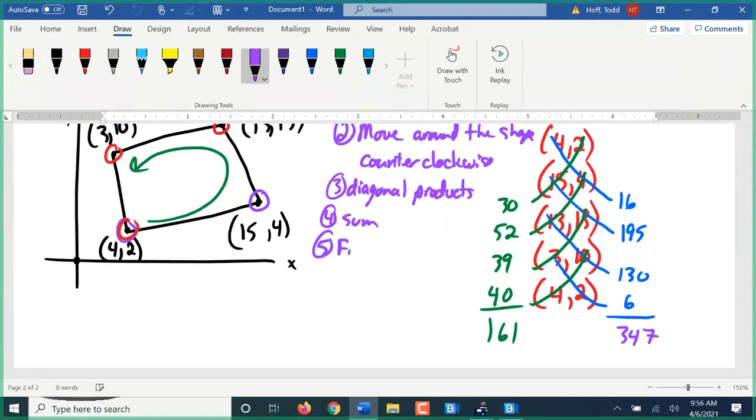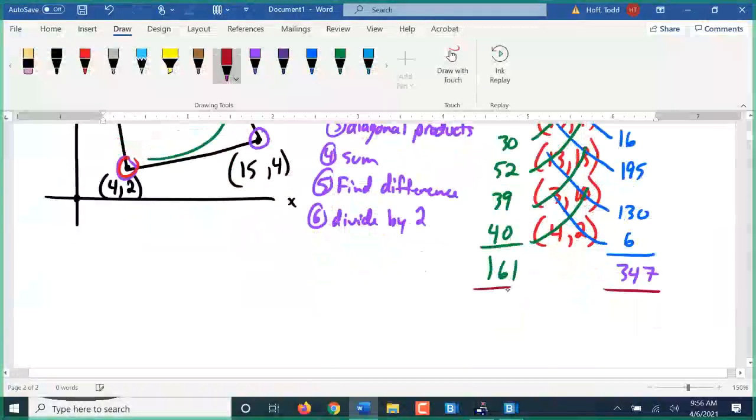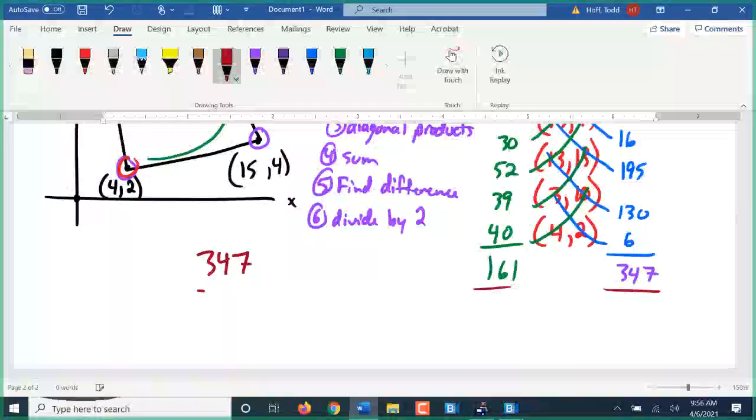I need to find the difference between those totals, and then I'll divide by 2. So I have 347 and 161. The difference will be the larger minus the smaller, 347 minus 161, which is going to be 186.